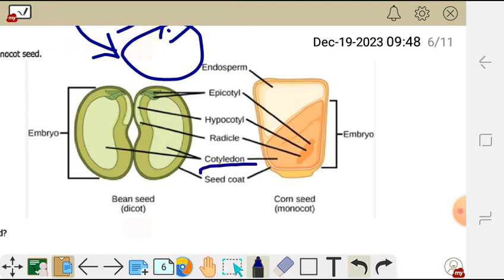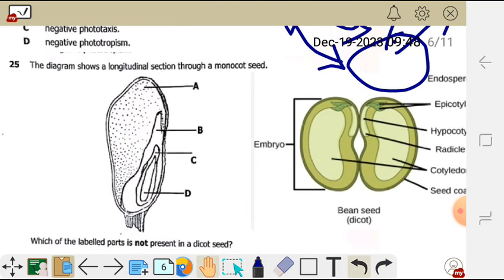The cotyledon itself is also in both dicot and monocot. The seed coat is also in monocot and in dicot, but the endosperm is not in a dicot seed, which is A. So the correct answer for question 25 is A.